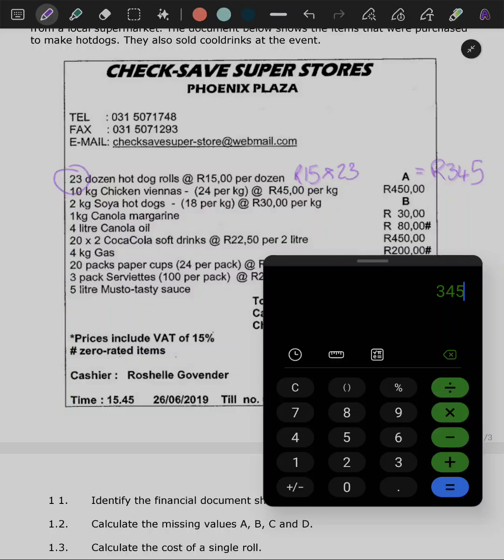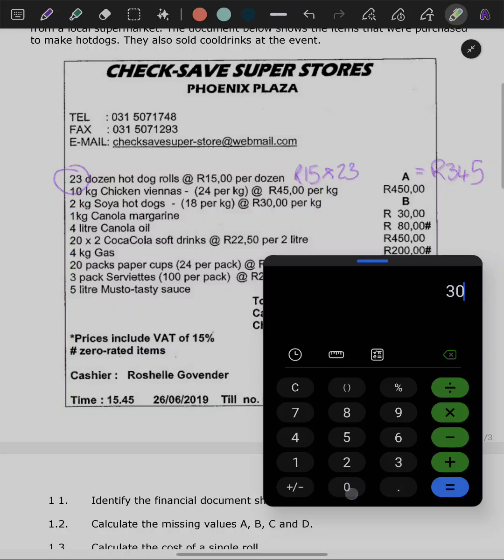Then they're asking us to look at B, and I can see that B is over there. It's also a total. And this one is 2 kilograms of soya hot dogs at 30 Rand per kilogram. So we know it's 30 Rand for one, and we are purchasing 2.